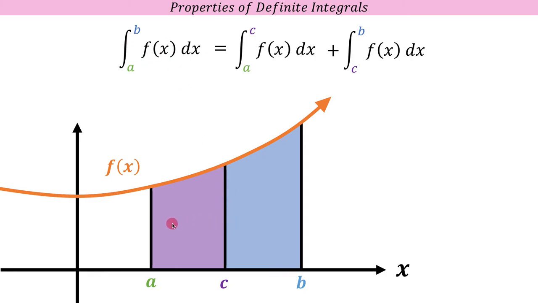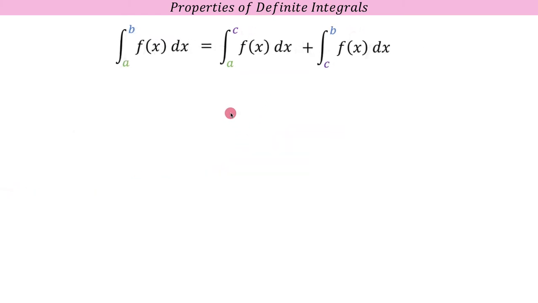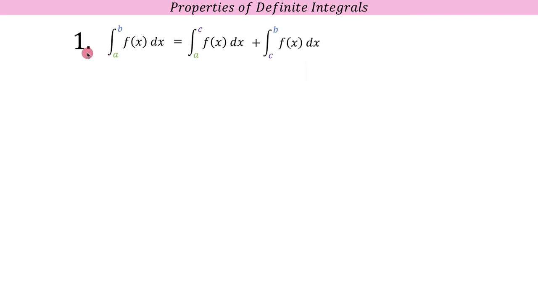And this C could be located anywhere between A and B. As long as I'm plussing this region with this region, I'm going to be equal to this. And at this point, you're probably thinking, this is probably why the textbook didn't provide proofs, because that's pretty straightforward, isn't it? But it still helps to have a bit of a visual to go along with it. So let us put that as our first property, and the first really means nothing. I've just allocated them numbers, but don't read any importance to that number.